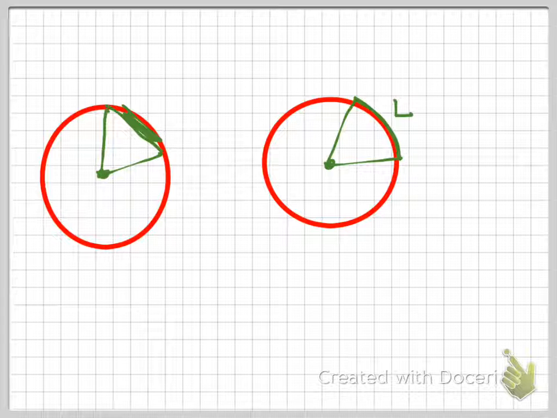When we're talking just about the measure of the arc, the measure of the arc equals the measure of that central angle. But when I'm talking about arc length, I'm talking about the fraction of the circumference of the circle. So make sure you've got that straight.